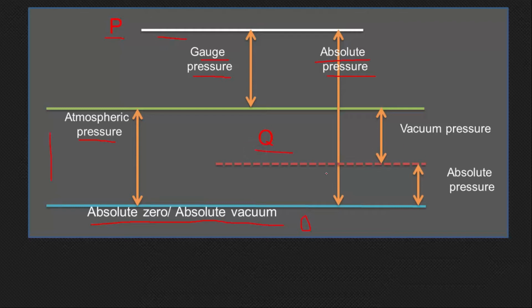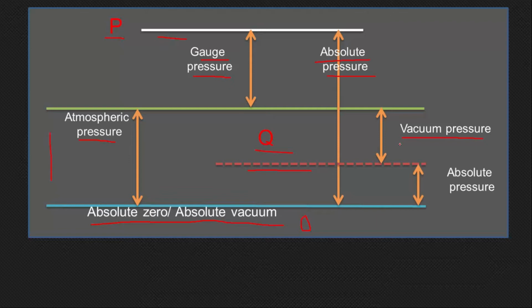If there is a tank in which there is a vacuum or the pressure inside the tank is less than atmospheric pressure and a vacuum gauge is mounted on the tank and it is reading 260 mm of Hg. What does that mean? It means the pressure inside the tank is less than atmospheric pressure by 260 mm of Hg.